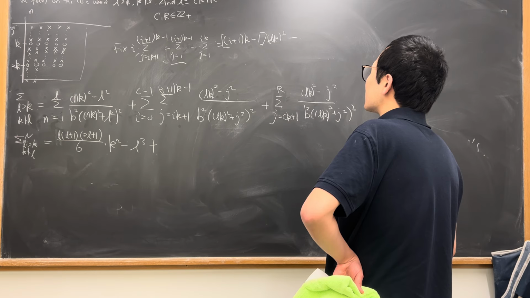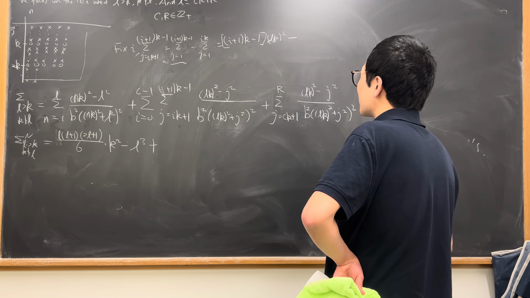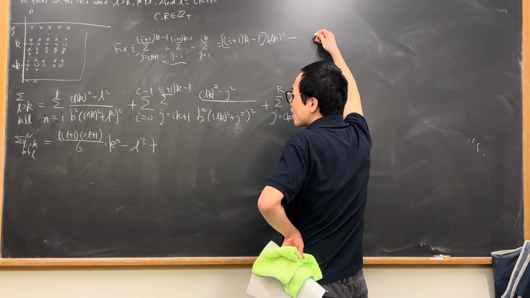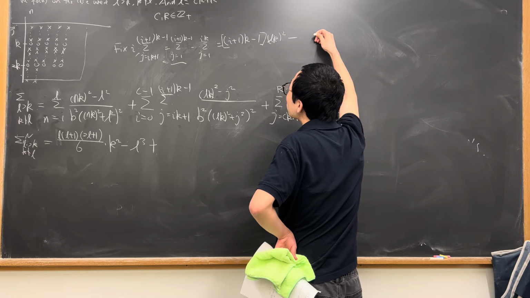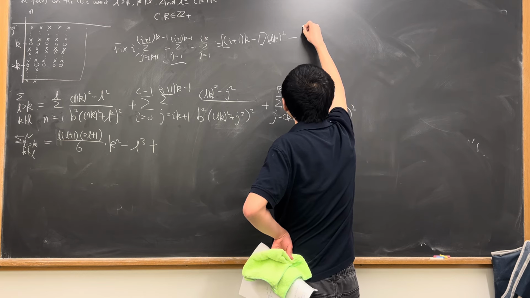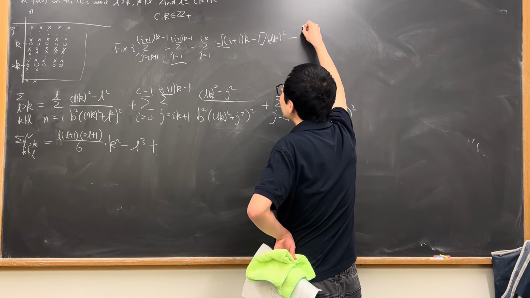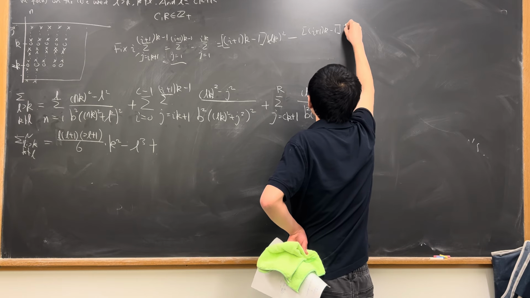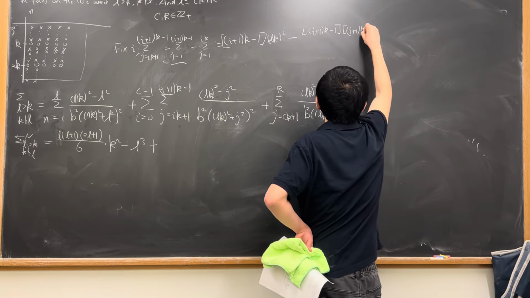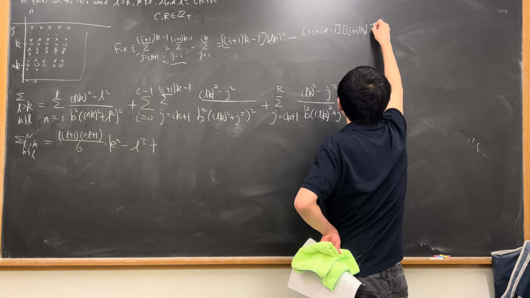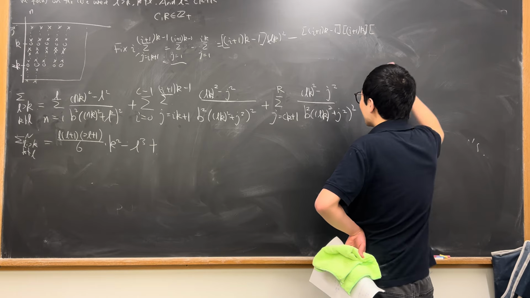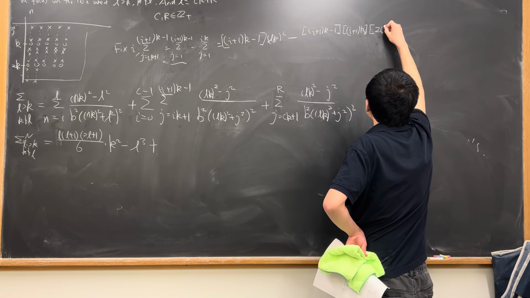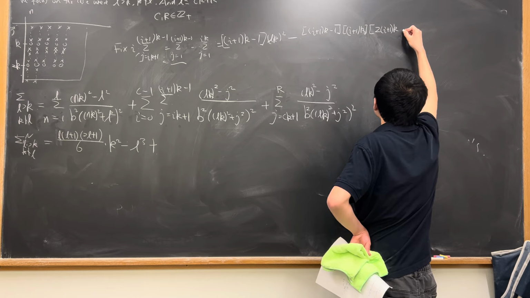It should be I plus 1 k minus 1 times I plus 1 k times 2 times I plus 1 k minus 1, right?